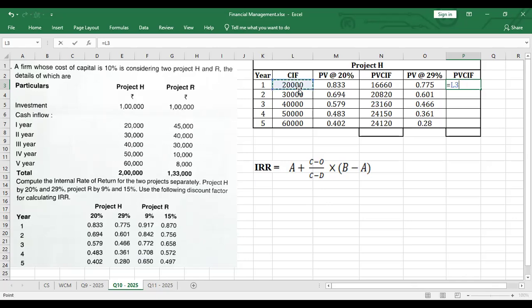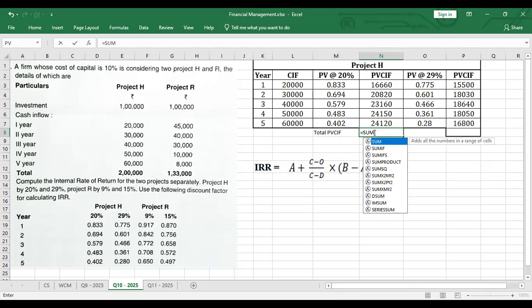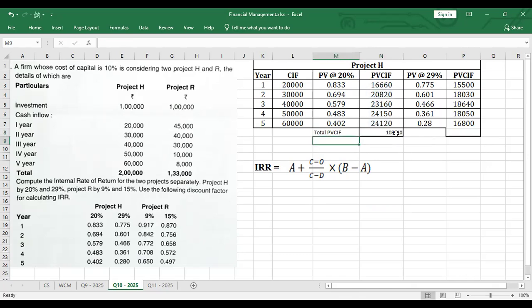That is cash inflow 20,000 into 0.775, 15,500. Once we multiply, we have to add and make the total present value of cash inflow. Same thing we have to repeat for the next as well.